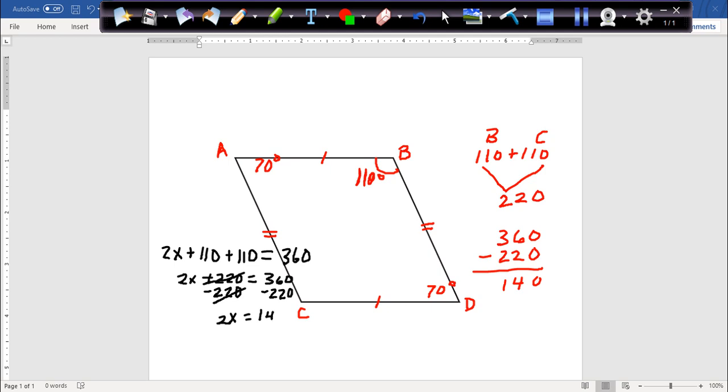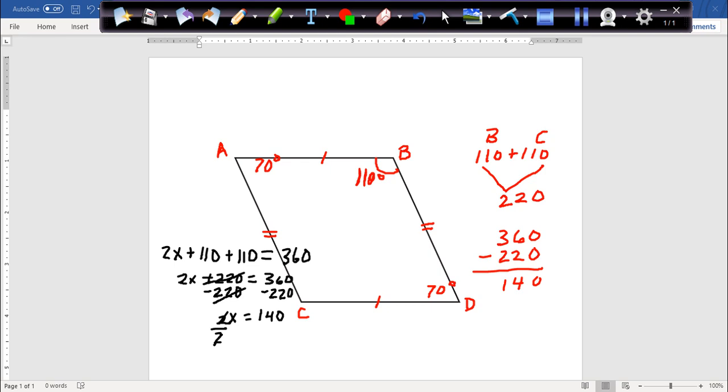Okay, but keep in mind, we're still trying to do what? Solve for x. So as long as there's something there with x, we have to still work to cancel it, right? So here we see 2x equals 140. So that 2 times x, we have to get rid of the 2. And you have to do the opposite or the inverse, as we know. So the opposite of multiplication is division. So we're going to divide by 2.